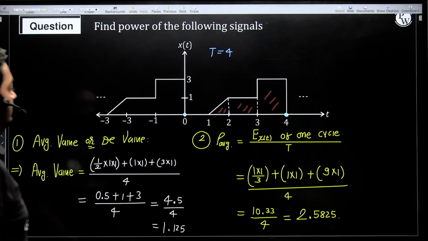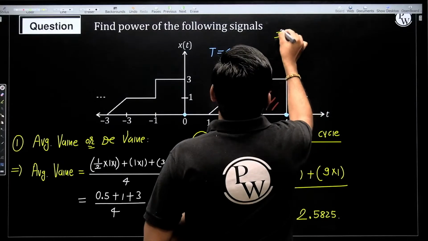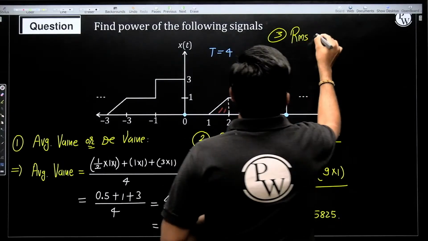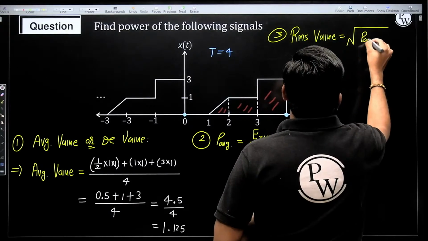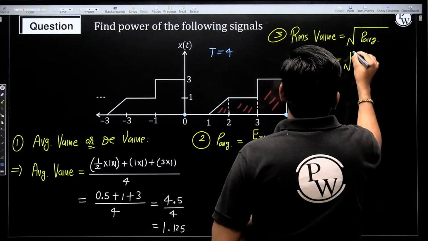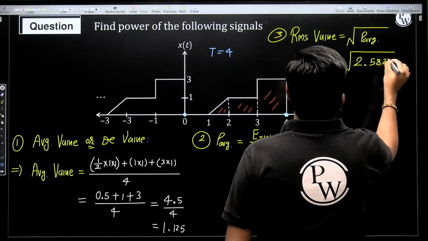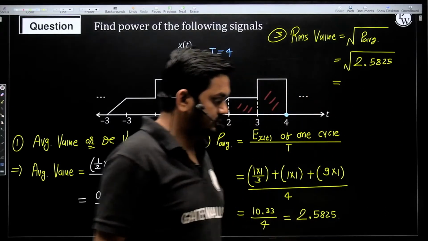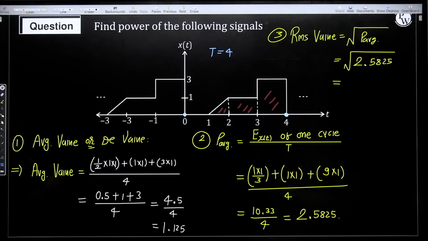Again, if you calculate the total energy, then the total energy will be what? Total energy will be infinite. If you calculate the RMS value, it will be the square root of the average power. So the square root of this 2.5825 is 1.607.